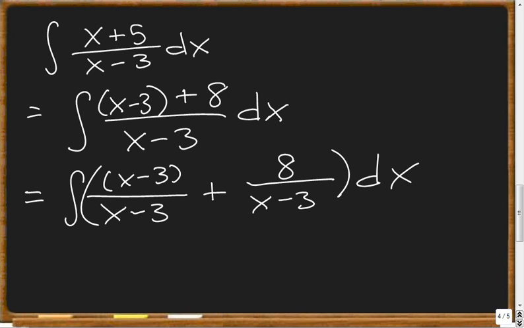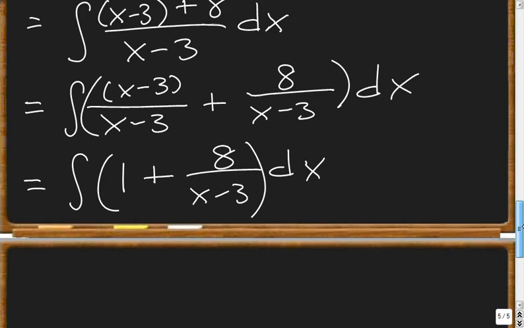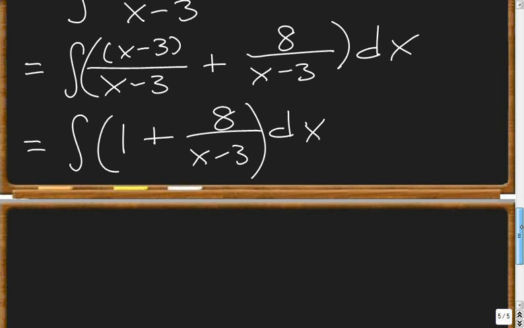Well, x minus 3 over x minus 3 is just 1. And then this is 8 over x minus 3 dx. So I can actually deal with this part now.